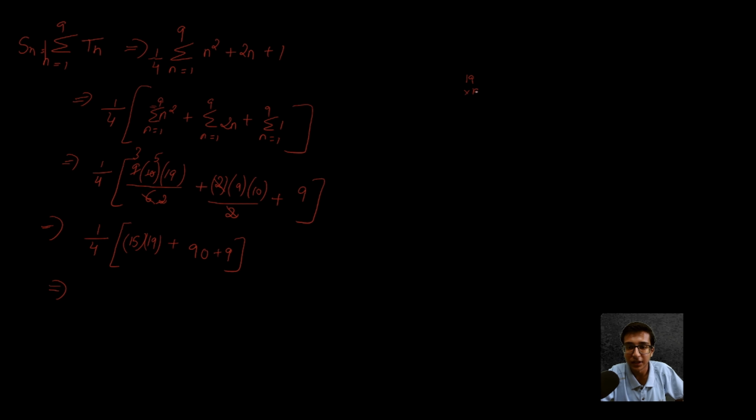Now let's simply find out the answer. 19 into 15, let's find out this. 15 9s are 135, 15 1s are 15, and if we add 135 and 150, we would get 285. And if we add 90 to this, we would get 375, and then we have to add 9 as well, we would get 384.